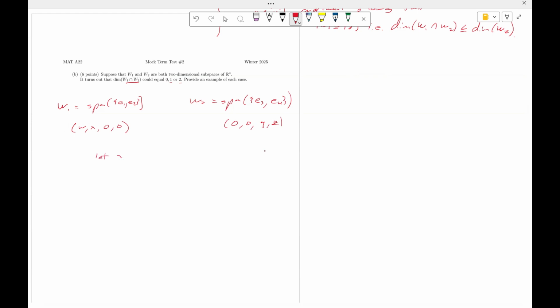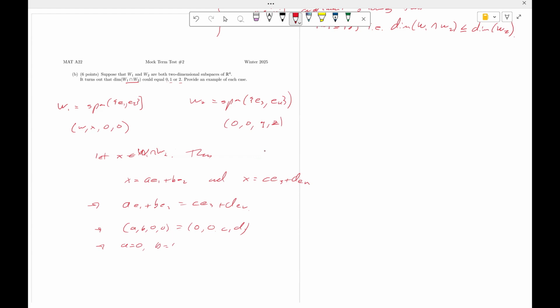Well, let x be in the intersection W1 intersect W2, then x equals a E1 plus b E2, and x equals c E3 plus d E4, which implies that a E1 plus b E2 equals c E3 plus d E4, which implies that (a, b, 0, 0) equals (0, 0, c, d), which implies that a equals 0, b equals 0, c equals 0, d equals 0.